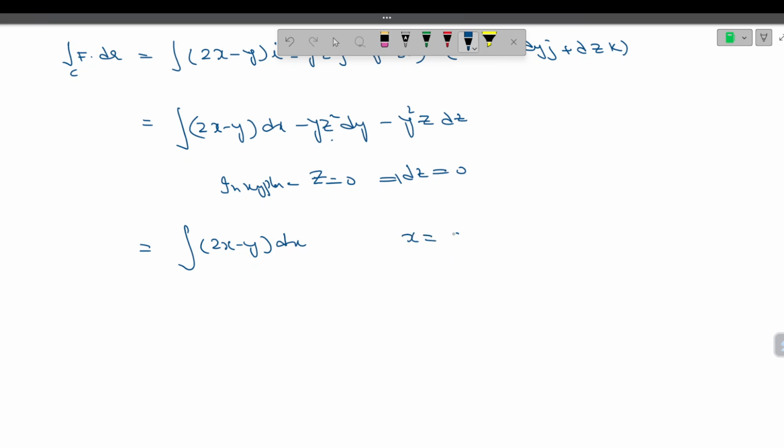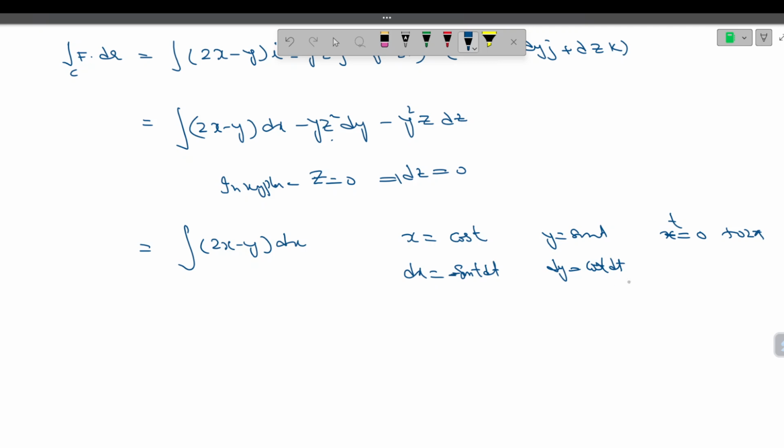Now converting into parametric equations: x equal to cos t, y equal to sin t, and the limit of integration will be t equal to 0 to 2 pi. dx, derivative of cos, is minus sin t dt. dy, derivative of sin, is cos t dt.